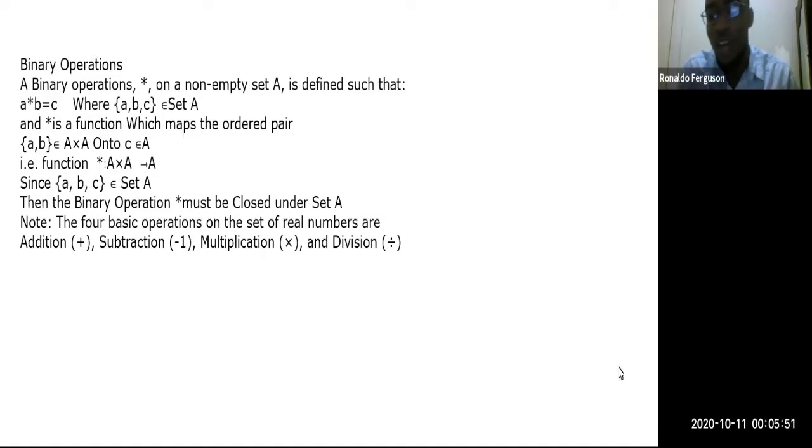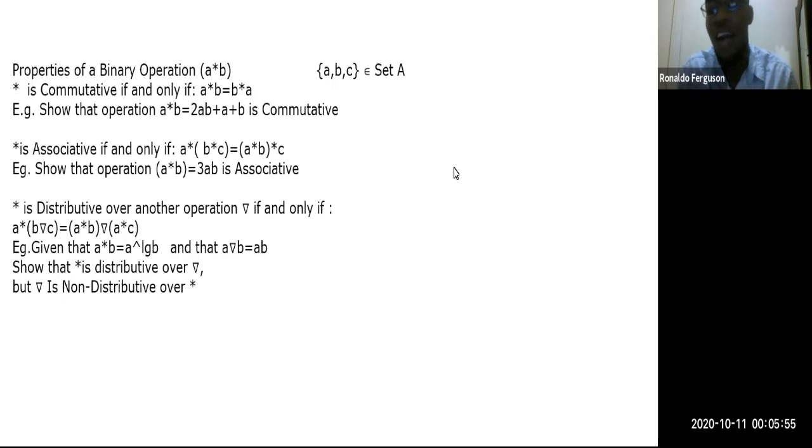So remember, we define the binary operator as star. And so what we can say is, if a binary operator is defined as star, the first property is commutativity.